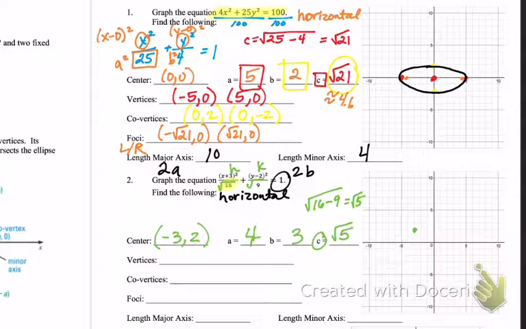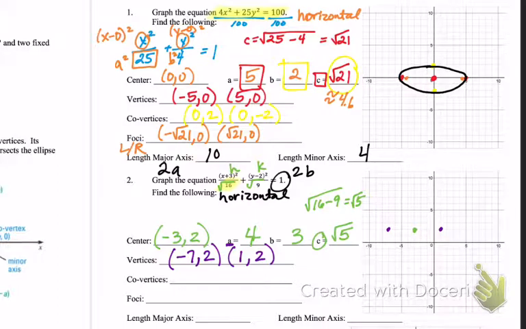The reason why I go to the right and the left is because it's horizontal. So 1, 2, 3, 4 to the right, 1, 2, 3, 4 to the left. Those ordered pairs would be negative 7, 2, and positive 1, 2. So I just went to the right 4 and to the left 4 because that is my A.